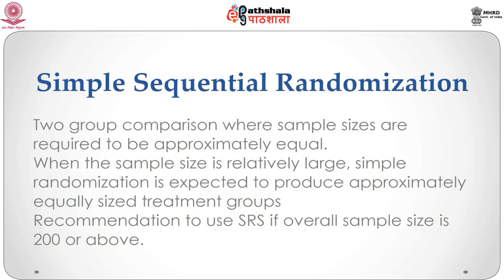If the sample size is relatively large, we will expect to see approximately equal sized treatment groups. However, if the sample size is small, then this is not always guaranteed, and the general recommendation is to use such simple random sampling only if the overall sample size is large, such as above 200.